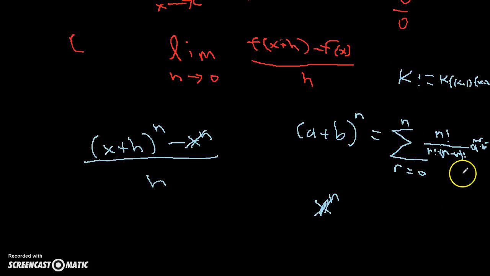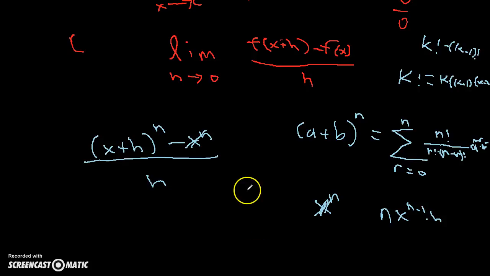Then it's going to be n factorial over (n minus 1) factorial. Any number k factorial over (k minus 1) factorial is just going to equal k, and let's hope that makes intuitive sense. So it's just going to be n times x to the n minus 1 times h, and all the next terms are going to have a higher value of h.